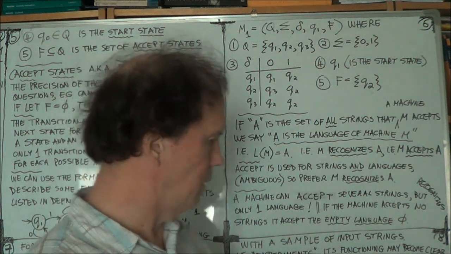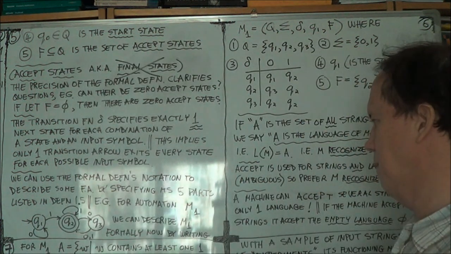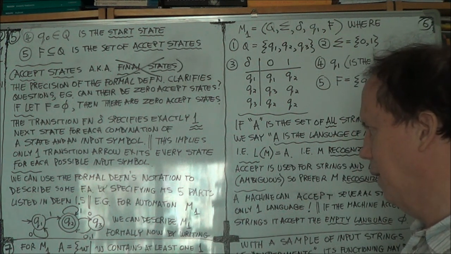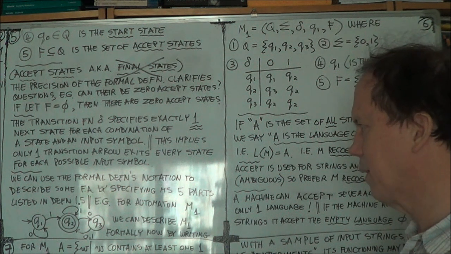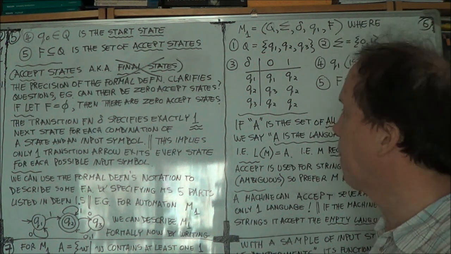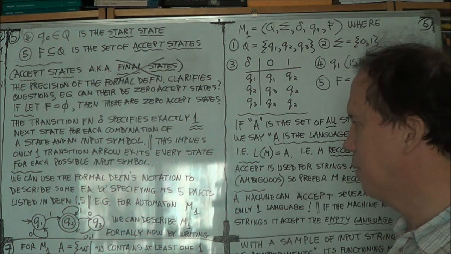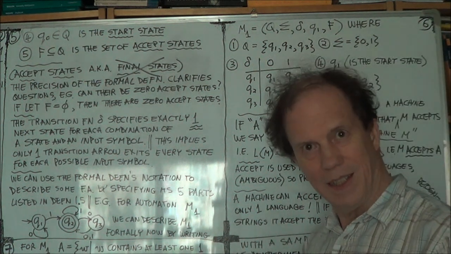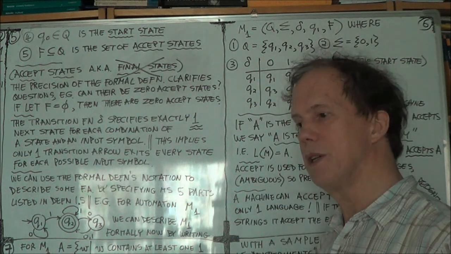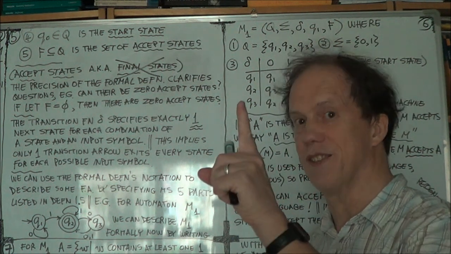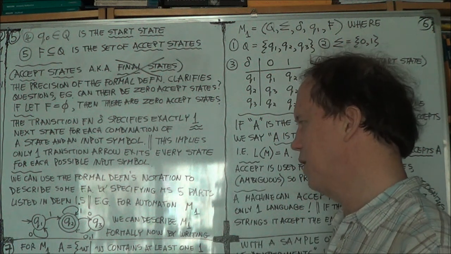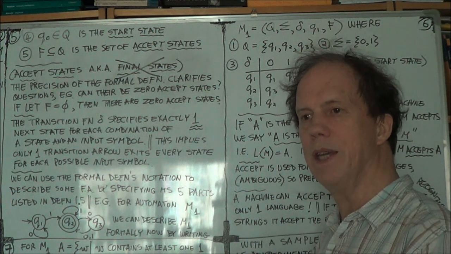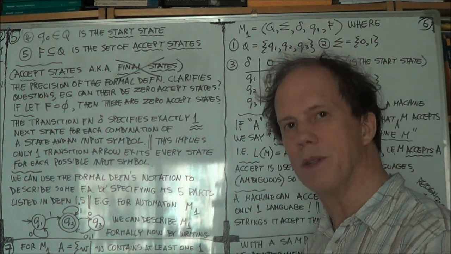Okay, so that was a fairly quick session. For the next session, we'll go back to our M1, and we'll talk in a bit more detail about exactly what language M1 recognizes. So we'll write L of M1 equals A. A is your language, but what is that language?